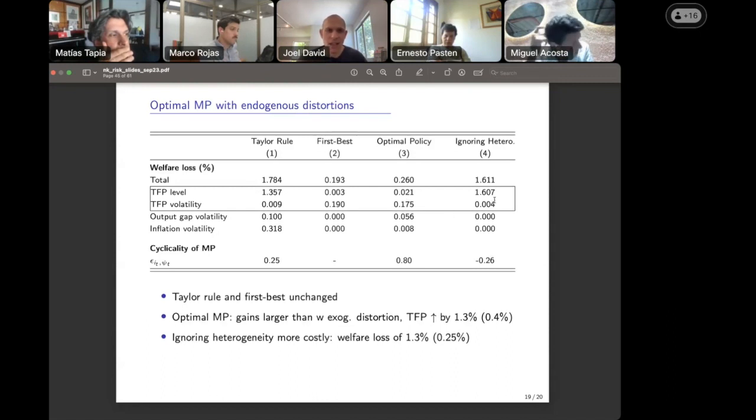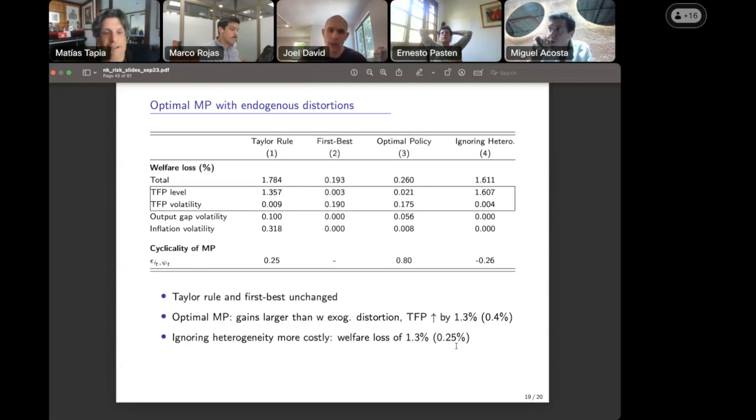In fact, TFP is lower when the central bank sets optimal policy ignoring heterogeneity than under the Taylor rule. In total, looking at column 4 versus column 3, welfare losses are like 1.3% higher when the central bank does not account for heterogeneity. That's a pretty big number, whereas it was only 0.25% with an exogenous distortion.